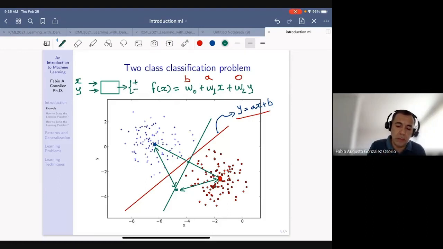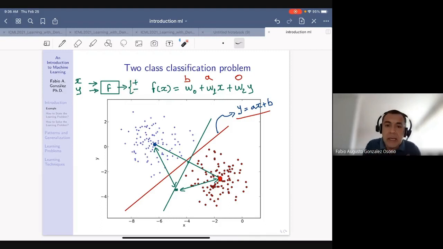That's what I want to build. That's my classifier model. I receive the inputs and I return the prediction, the class. Similar to what we did with this: I receive a new point, X and Y, and I have to say if it is blue or red.